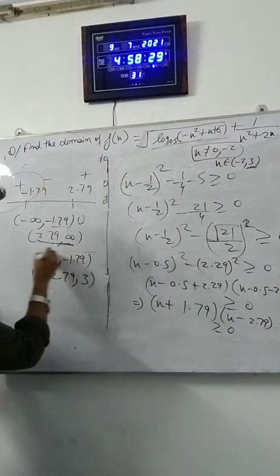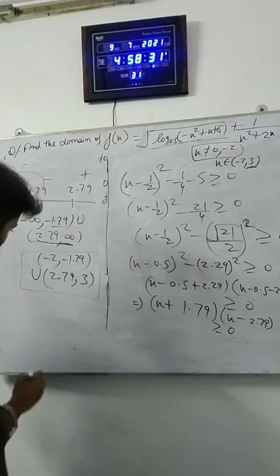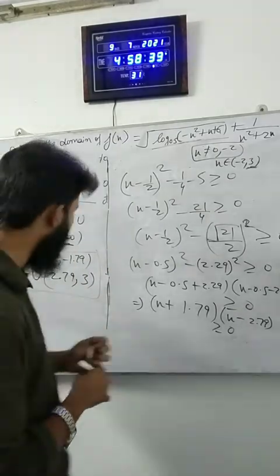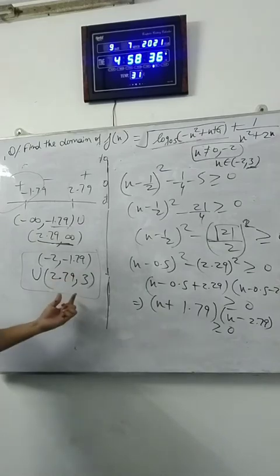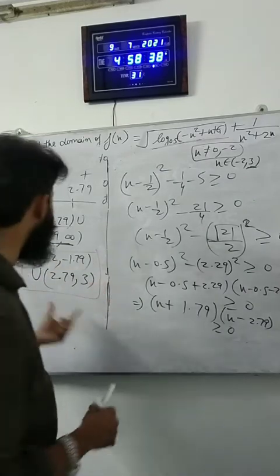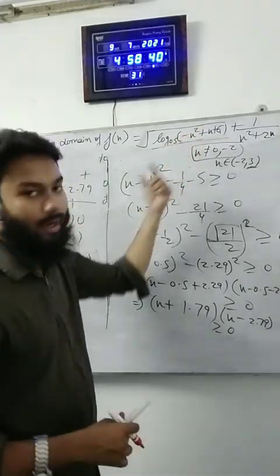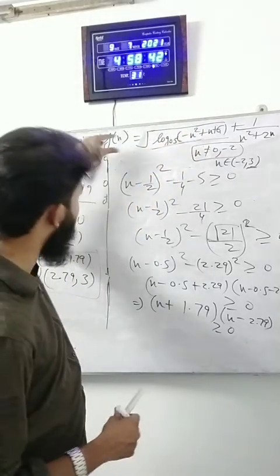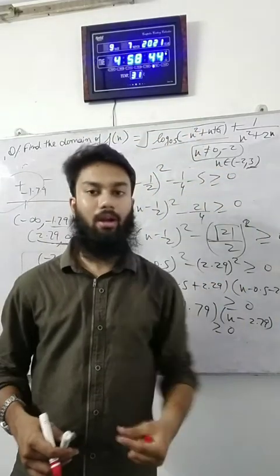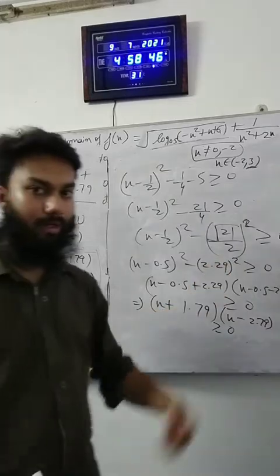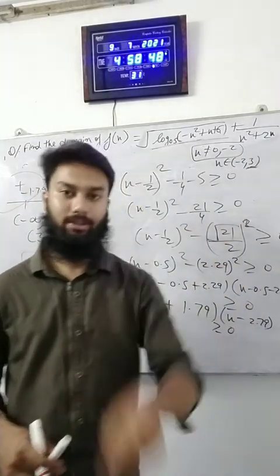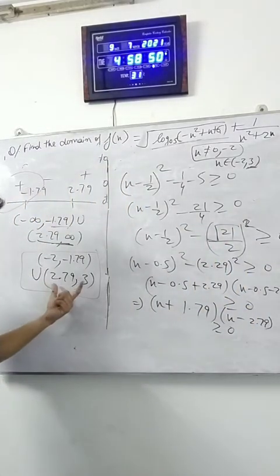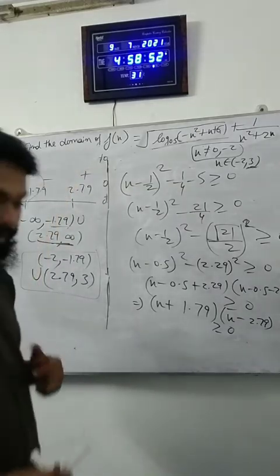So this is our final answer, which means that I can take any value in between these two sets, and it will be kept in this function. So this function will return a valid real value after calculating that, and that will be part of the range. Okay, so basically this becomes the domain of the given function. Okay, thank you.